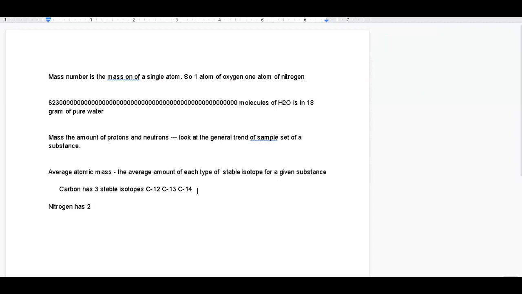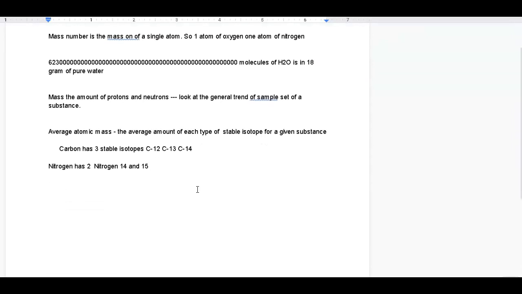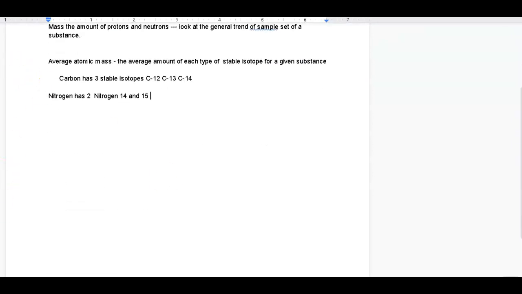Okay, so we're going to find out in a general natural trend what occurs on that. And so nitrogen would be 13 and I think 14. Excuse me, I think it's 14 and 15. So from the previous videos, it's the most common natural isotope. But here I'm going to be doing the math behind it.